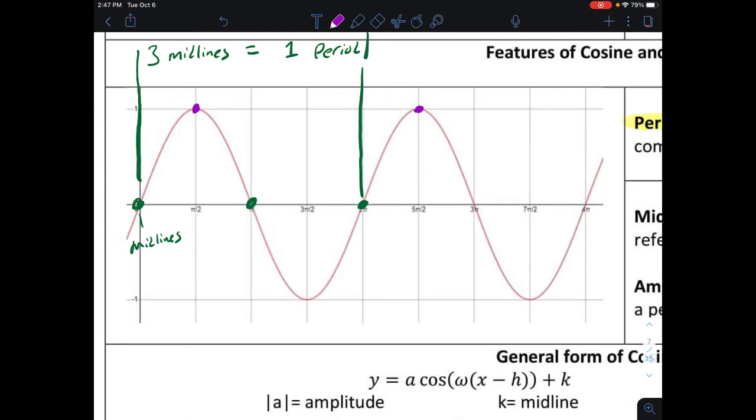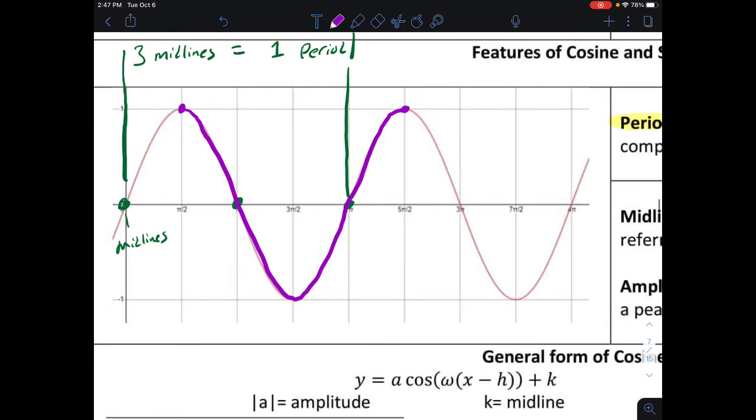So let's say I go from maximum to maximum. If I trace that section of graph here, if I go anywhere outside of that part in purple, we're going to repeat everything that the graph had already done. And so the distance from max to max is also equal to one full period.